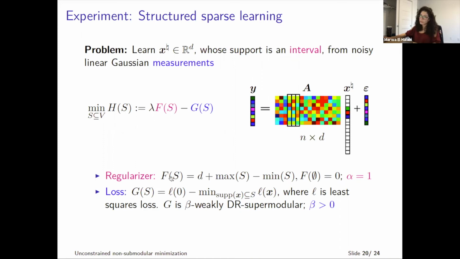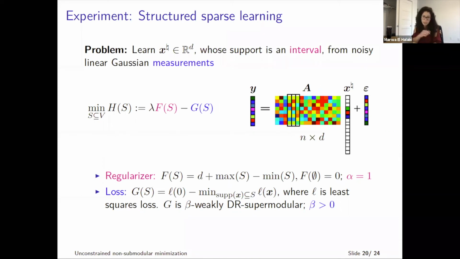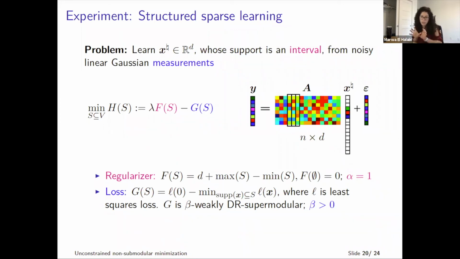And then F is a regularizer, which is trying to enforce the structure that the x we're looking for should have an interval support. In particular, it's penalizing the largest index in S minus the smallest index in S, to encourage S to be contiguous.